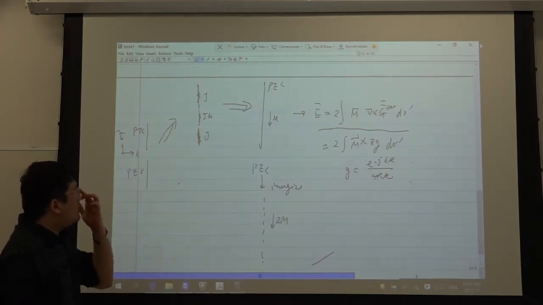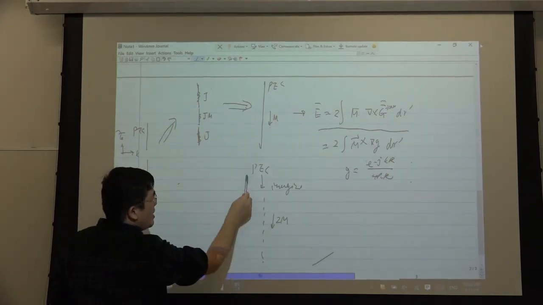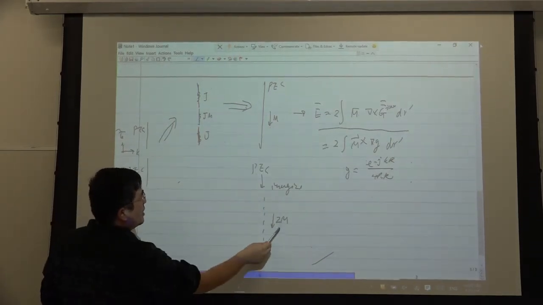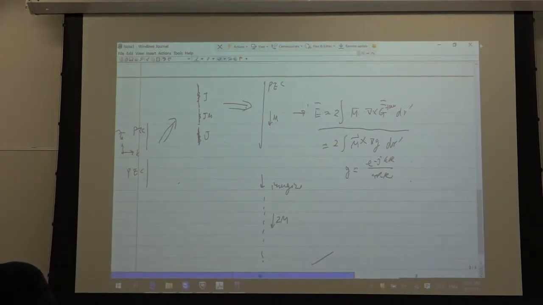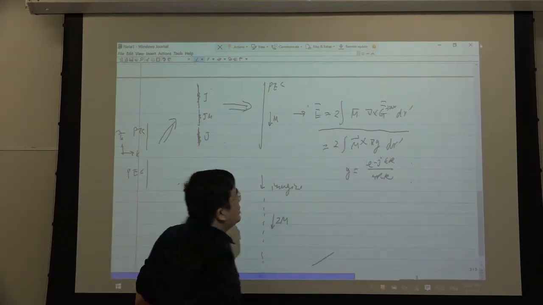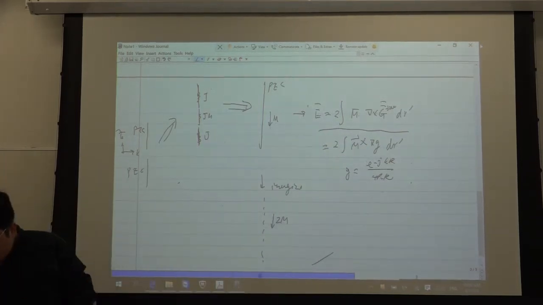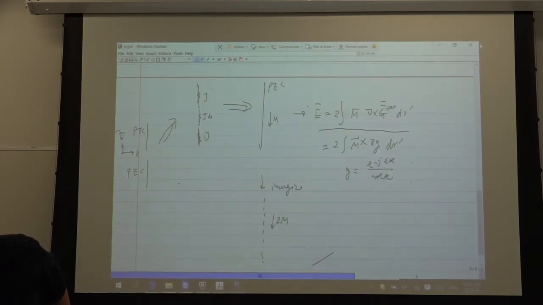This is the impressed current. Because J does not radiate, it only has M. Then I use image theory again. It becomes 2M here, on the virtual surface. So I use the Green's function, just E equals 2M dot del cross G, or something like this. This is the Huygens principle. So you can solve this problem.